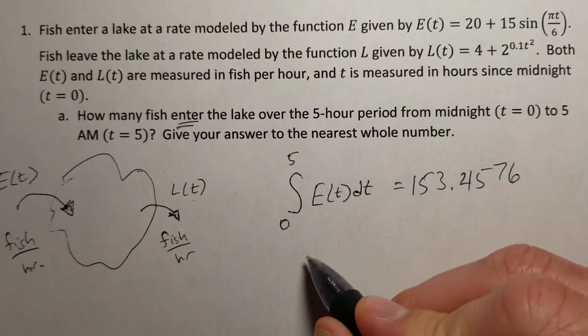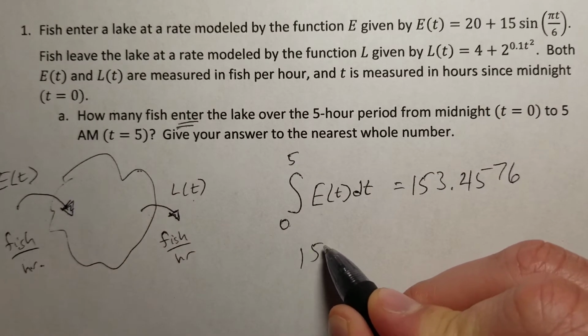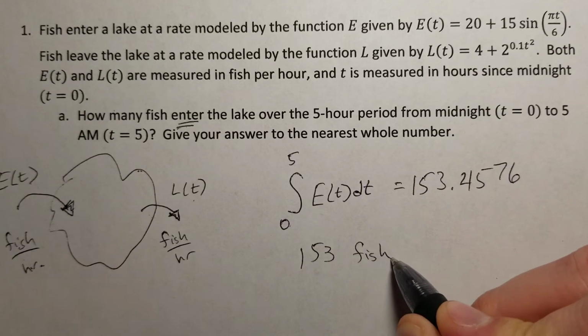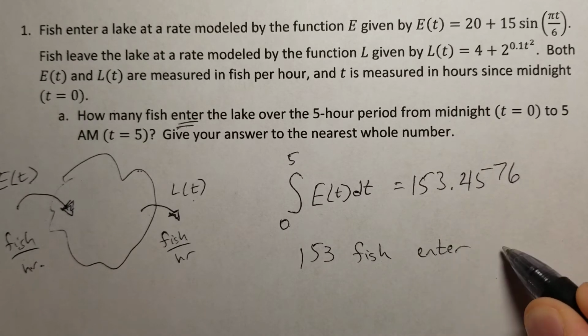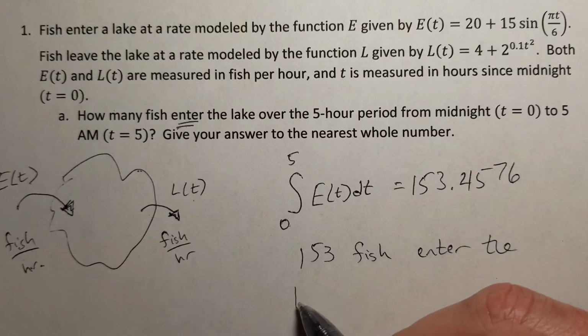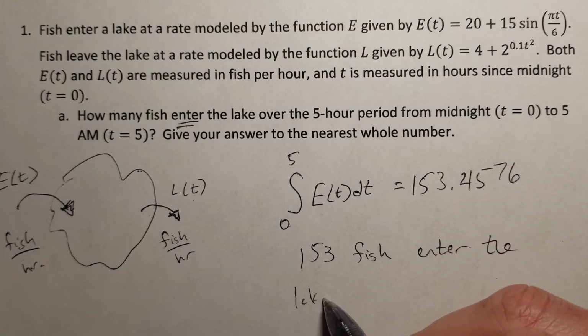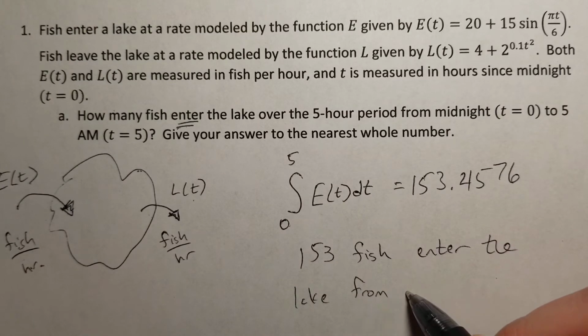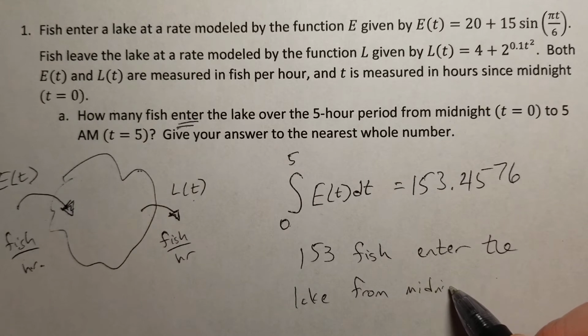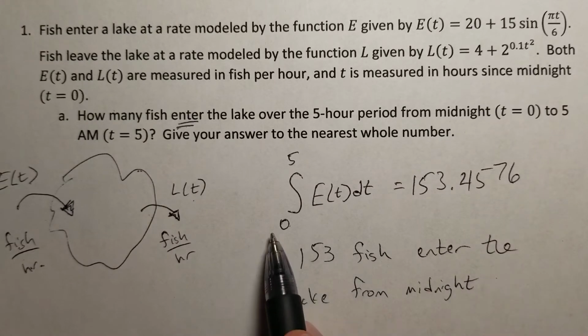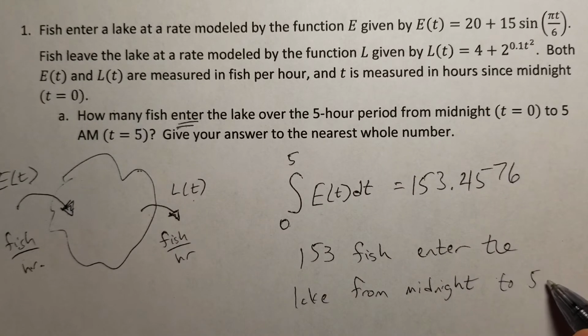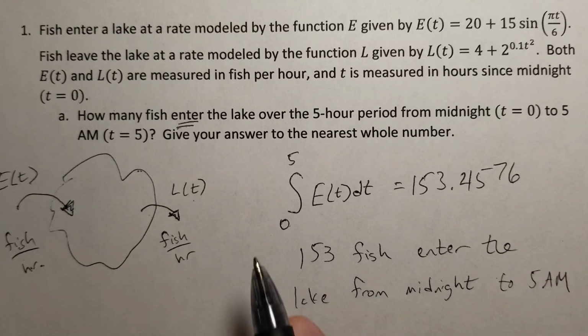So I think that would mean 153 fish. And we're only talking about entering, so enter the lake from midnight, t equals 0, to 5 a.m., t equals 5.